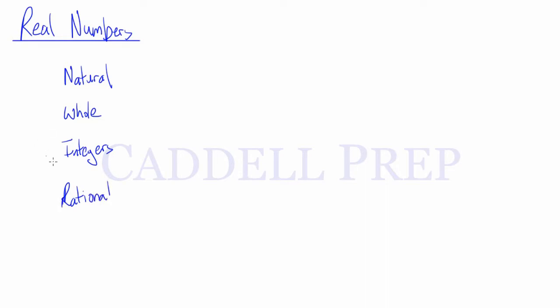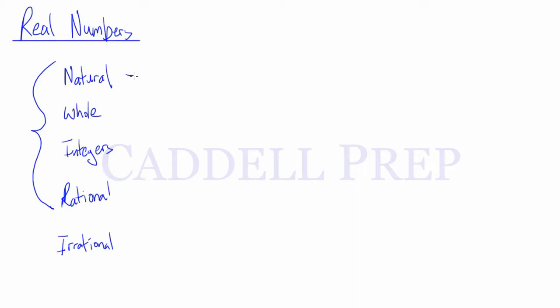Now, it's possible for a number to fit into any of these categories, and multiple at the same time. But then there's also another category called irrational. If a number is irrational, then it's not rational, and it's also not an integer, a whole number, or a natural number. Alright, let's go over what these mean.